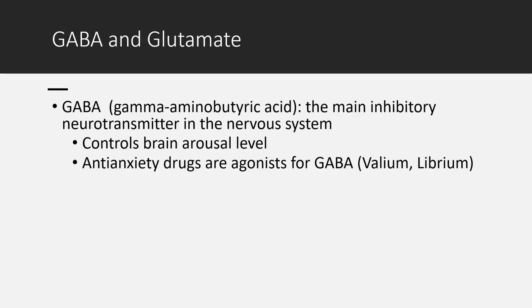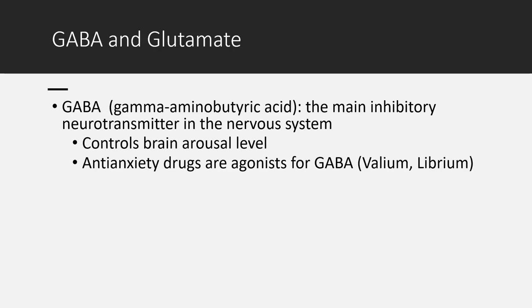GABA and glutamate are primarily involved as inhibitory neurotransmitters in the nervous system. By inhibitory, I mean blocking or controlling levels of arousal within the brain. So these neurotransmitters are involved in sleep and waking.